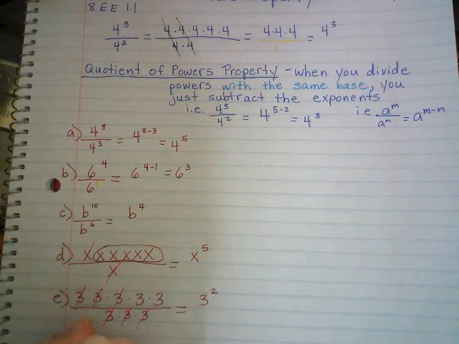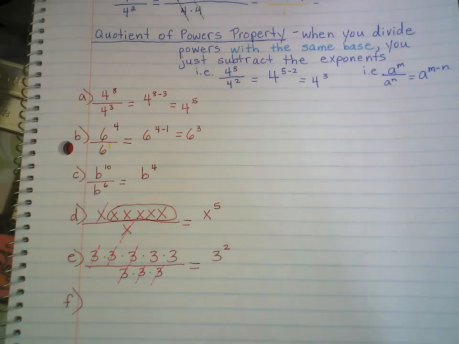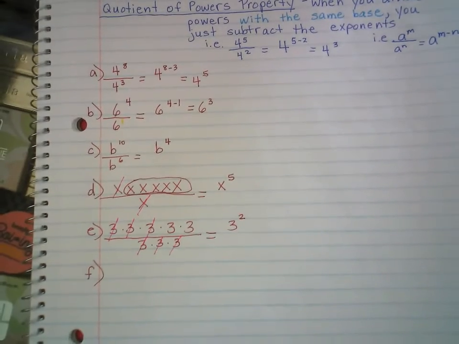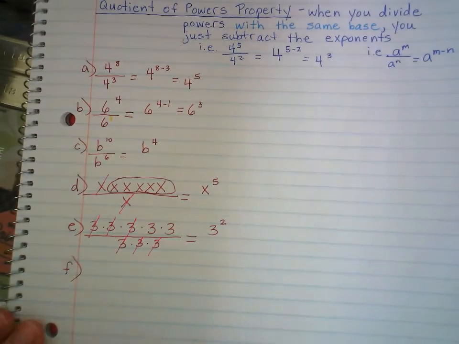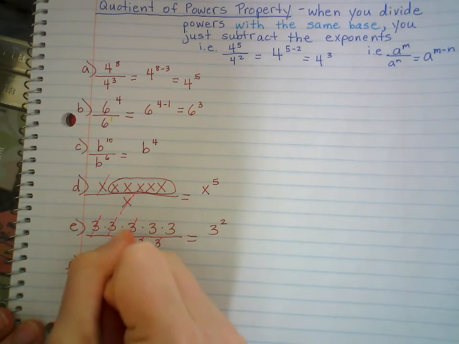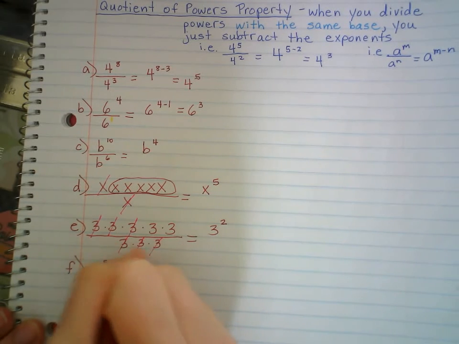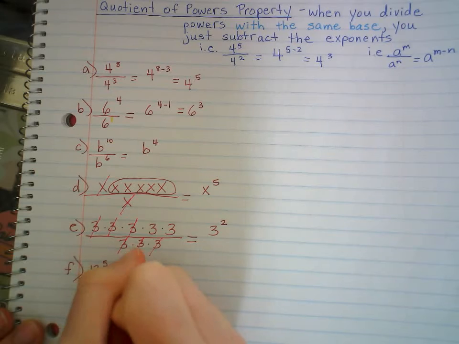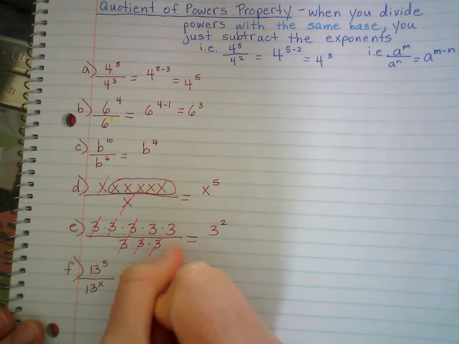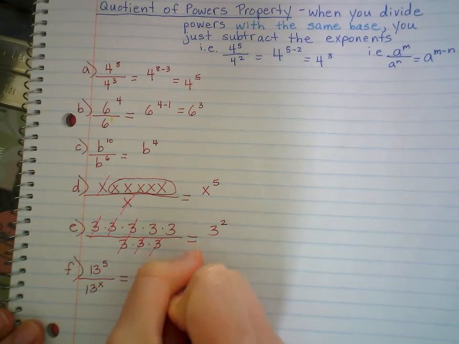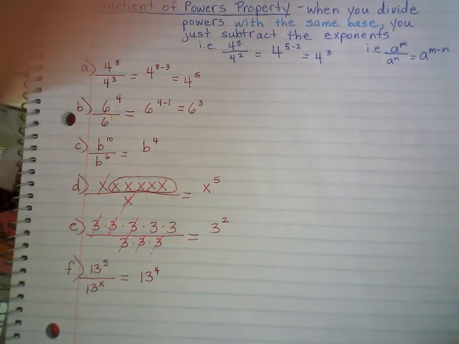Example F. So let's say now, because sometimes you guys see them where they have the equal sign. So 13 to the 5th divided by 13 to the x equals 13 to the 4th. Okay?